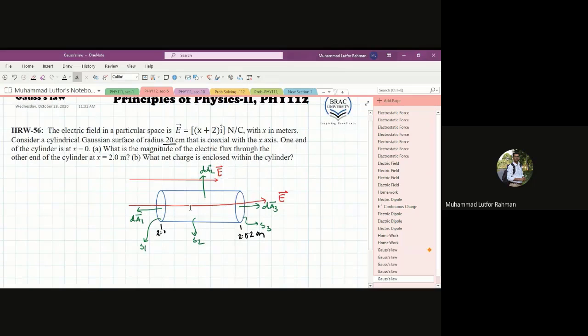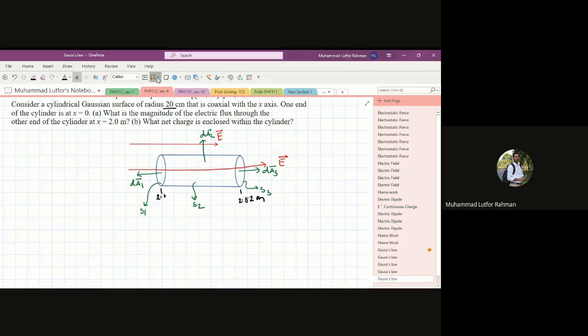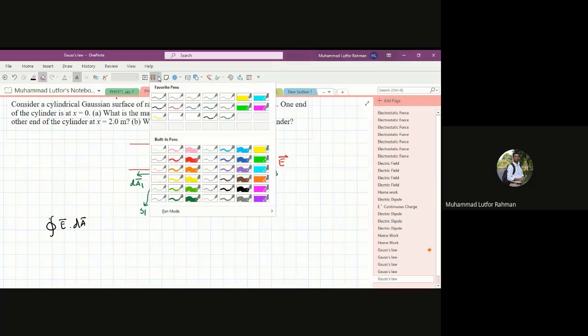Now I'll find out the flux by the same analogy I talked about. The total flux, E dot dA. I'm going to find out the flux, not the charge, because I don't know how much charge is inside over there.